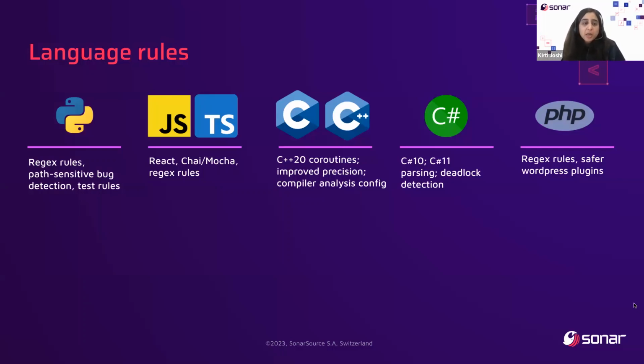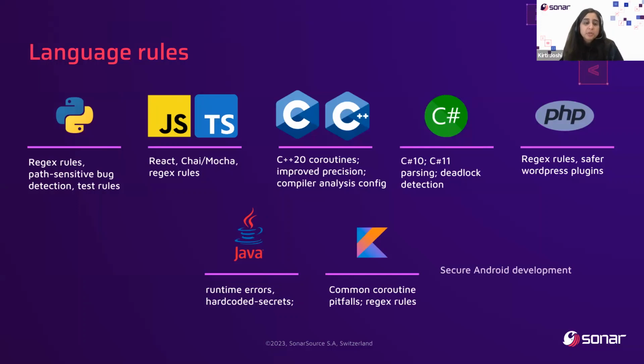For Java, we've added rules to prevent runtime errors. We have rules to find hard-coded secrets and passwords. And this LTS supports Java 19 standard as well. For Kotlin, we've added rules for common coroutine pitfalls, regular expression rules, and more Android rules as well.